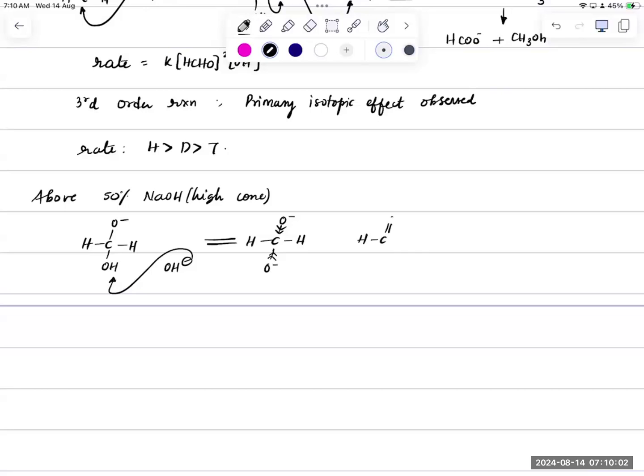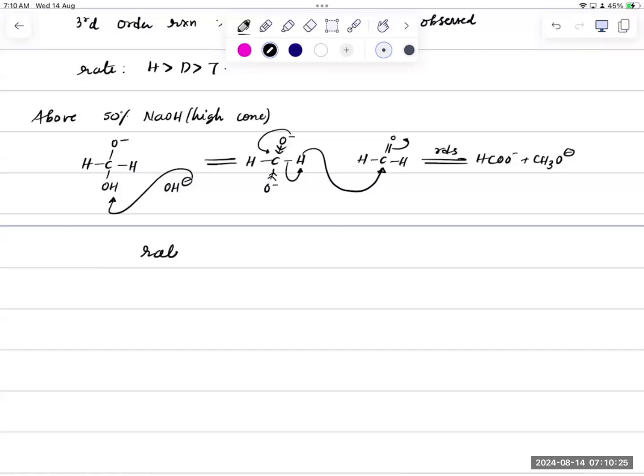And now in the second mole, this bond will close and this will become H minus and that will attack. Again, this is the rate determining step. So we will get HCO minus directly and CH3O minus. This time, the rate will be equal to constant into HCHO whole square into OH minus whole square. So the order of the reaction now will be 4. So it is a fourth order reaction in this case. Got it?